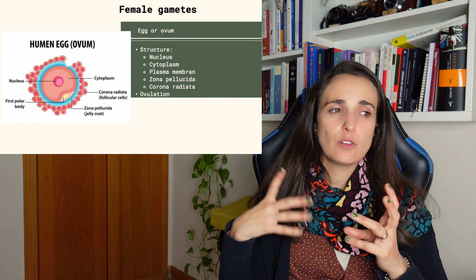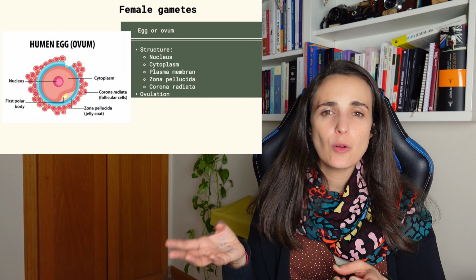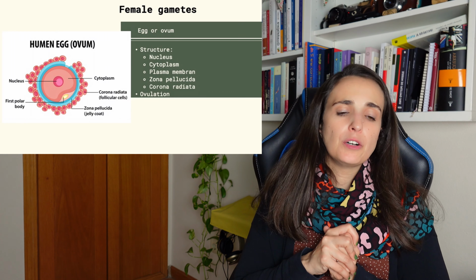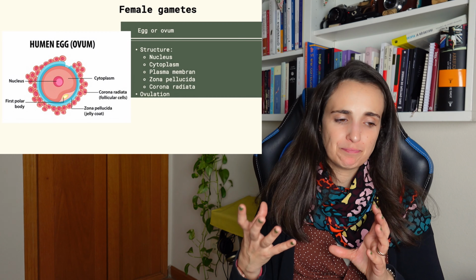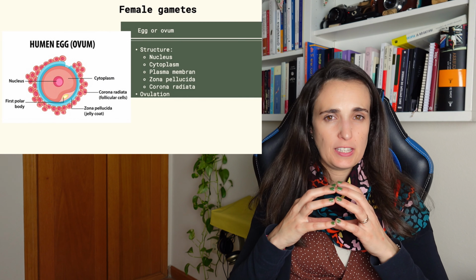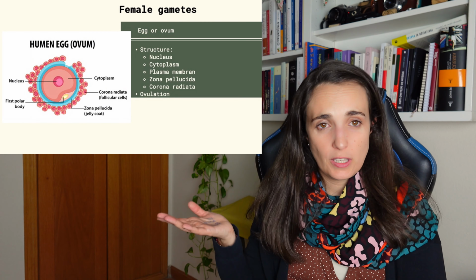Okay, so it's kind of like a jelly layer where sperm will land, and the idea is to make a barrier to control the process of fertilization.